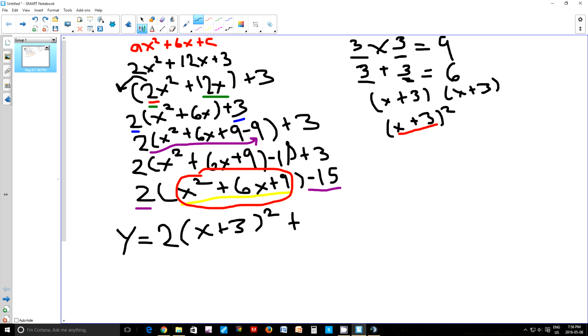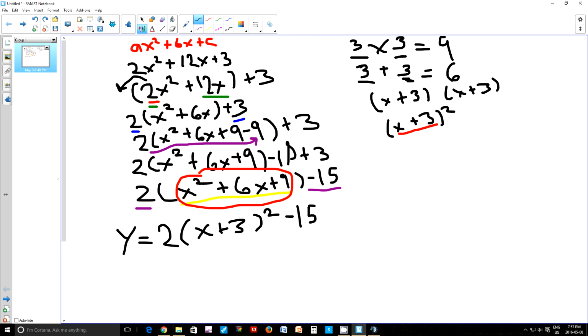Plus k. Your k term is negative 15. I'll make it simpler just by adding a minus there. Same thing, you can do plus bracket negative 15 or just do minus 15. It's all up to you. This is a lot easier, a lot neater as well. So you can see now that this is your vertex form.